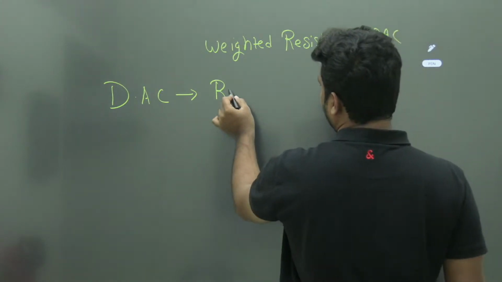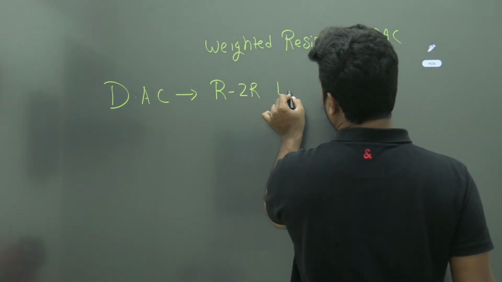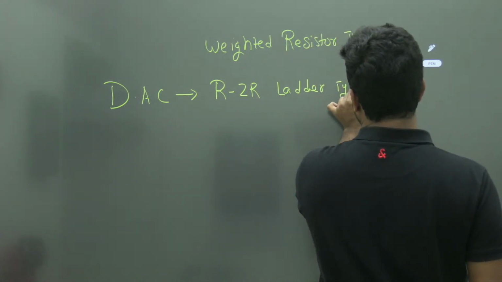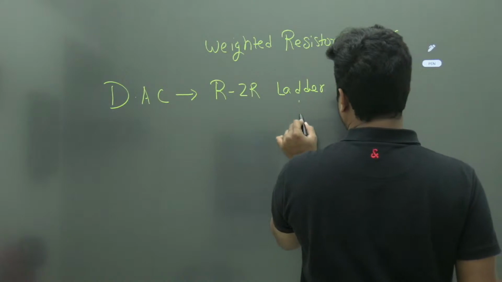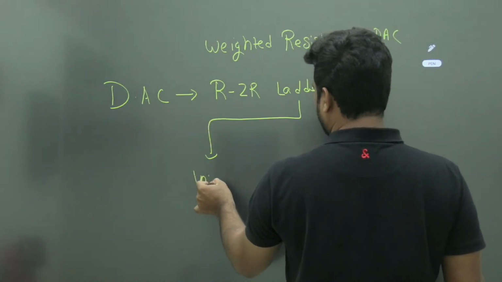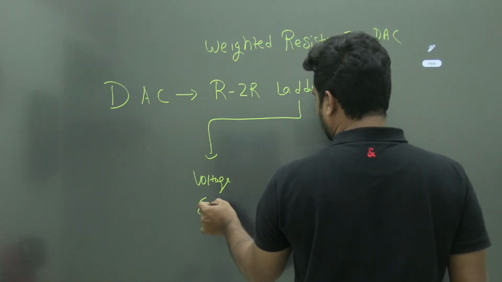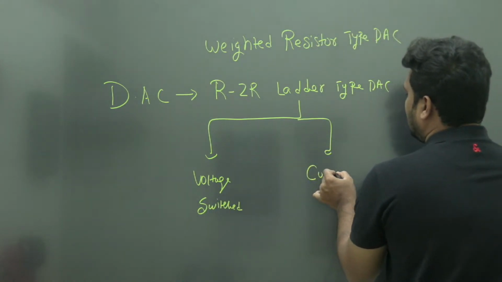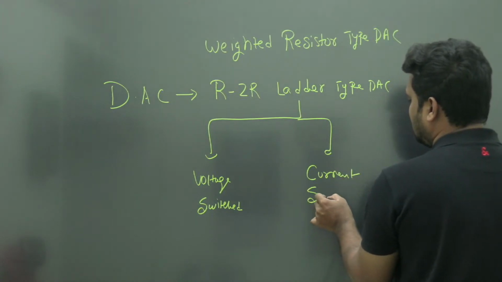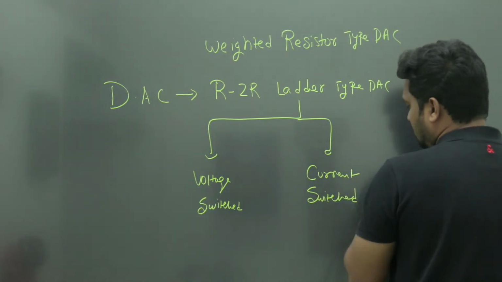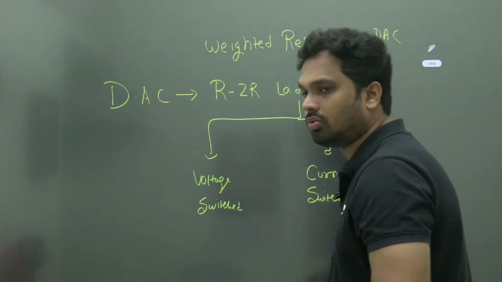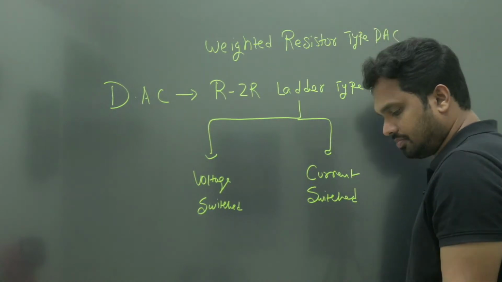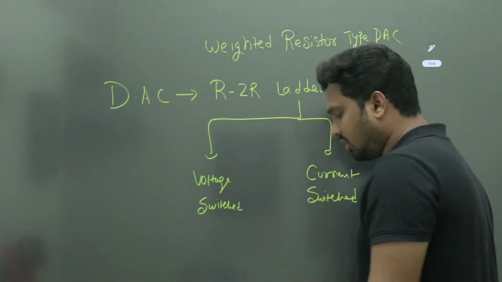Then the R2R ladder type DAC, in which again there are voltage switched and also current switched. These are the different types of DACs we are going to discuss today. So we'll complete this part at least today. So let's start with the weighted resistor type DAC.